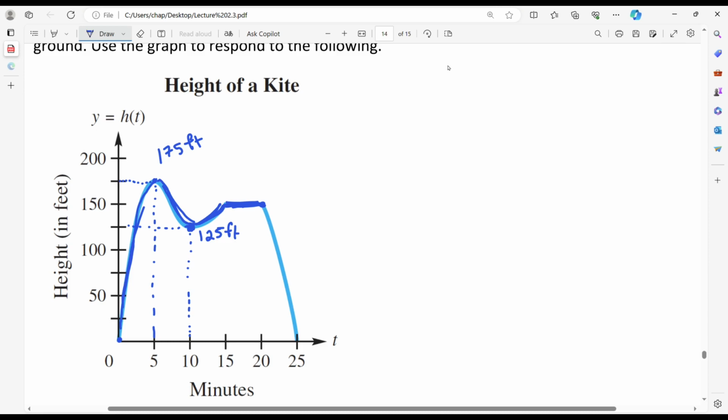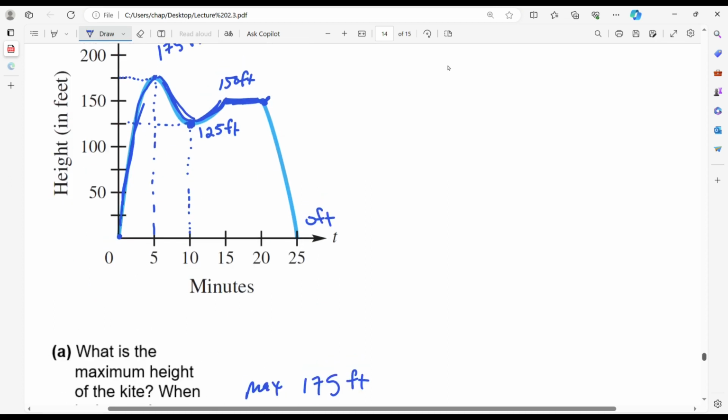After that, it increases back to 150 feet where it's constant for 5 minutes from 15 to 20 minutes. And then finally, it goes from 150 feet all the way to 0 feet, to the ground, where it finishes off at 25 minutes.